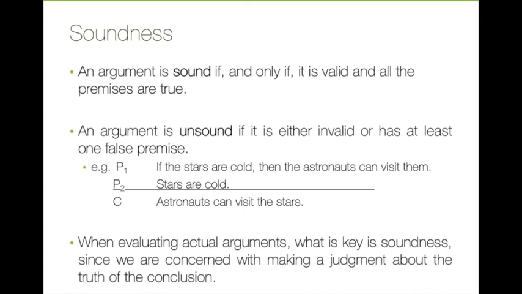In this course, our focus will be on validity, since determining the truth of the premises is more of a factual matter. But when evaluating actual arguments, the key thing is soundness, since we care not just about the fact that whatever the premises are support the conclusion, we also want to know whether the conclusion is true, so we want to know whether the premises that support that conclusion are true.